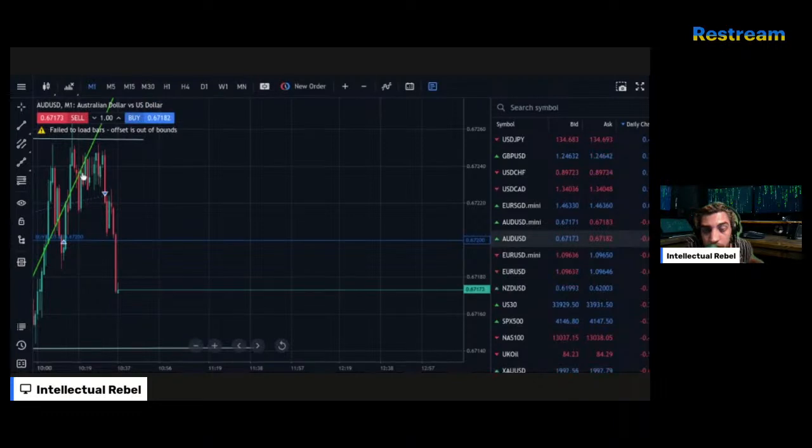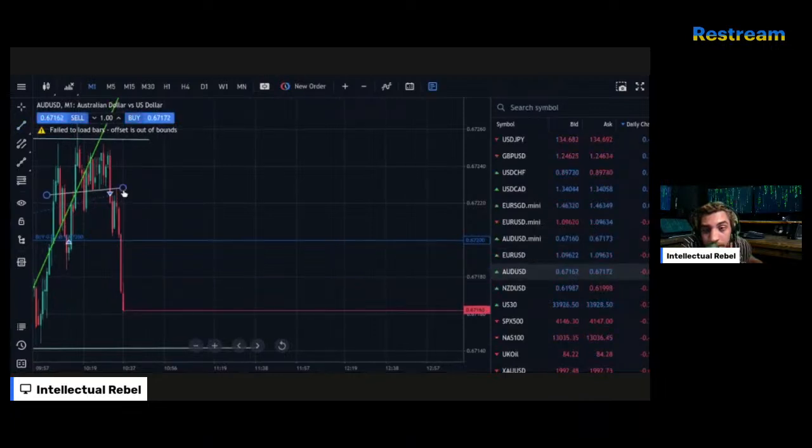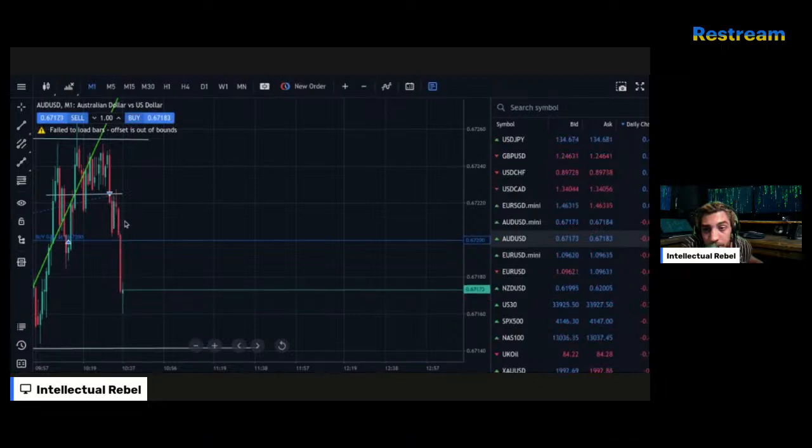This was a little sideways market, you know what I'm saying? And it broke out of that sideways market. It went sideways in a range, and it broke out of that, and boom, I missed that opportunity.